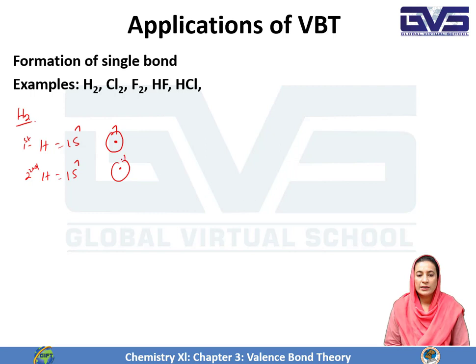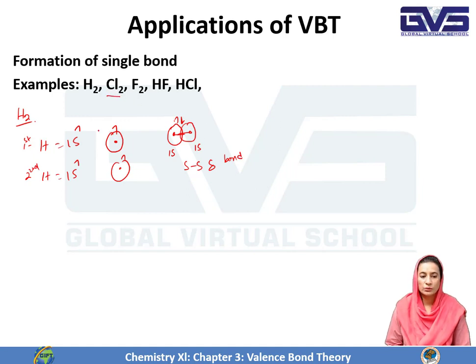Now they will linearly overlap, a head-on approach. 1s and 1s both have one electron, with paired spin, so they occupy this region, and this is an s-s sigma bond.